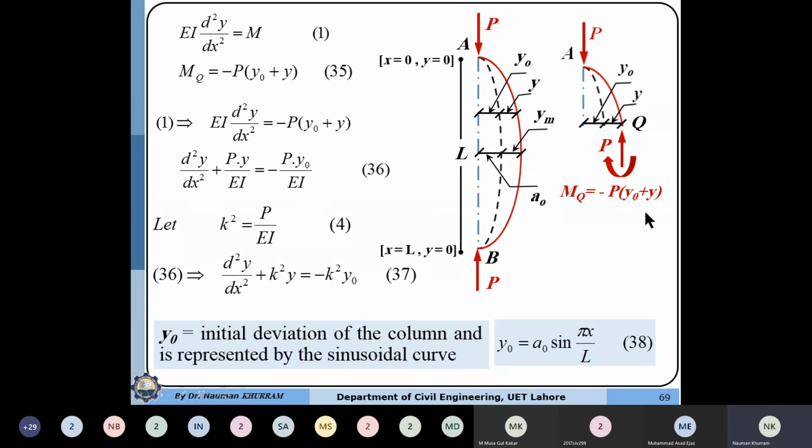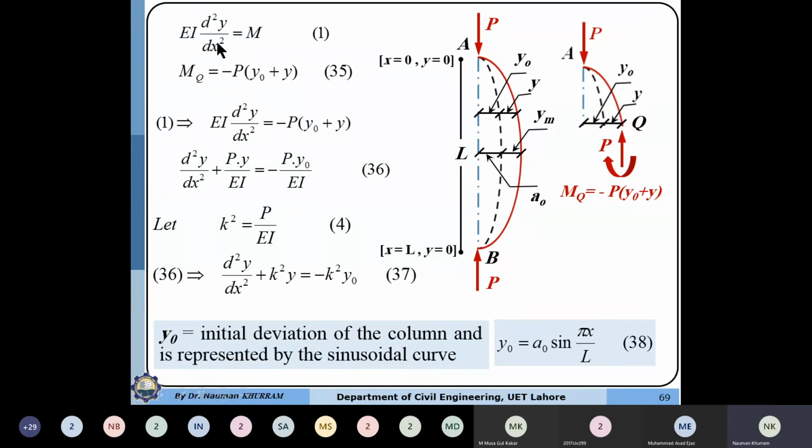In the previous derivation, this was minus P into e plus Y. For the concentric column, this was just P into Y, and for the eccentric column, this parameter was e plus Y. But now it is minus P into Y plus Y naught, where Y naught is the component of the initial deflection, and Y is the extra deflection produced in the lateral direction.